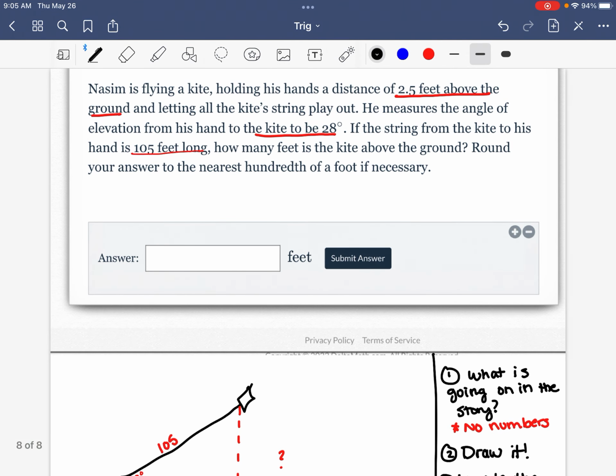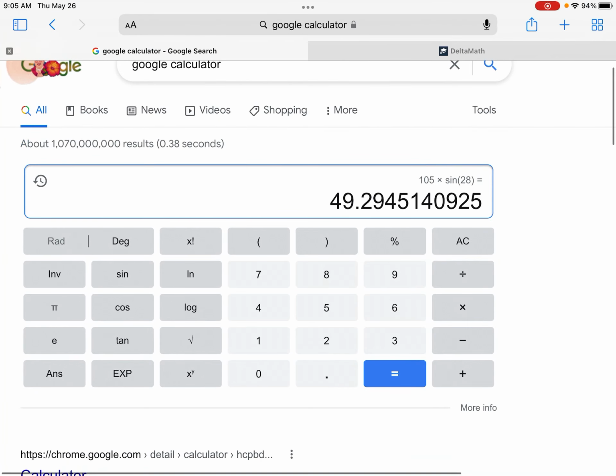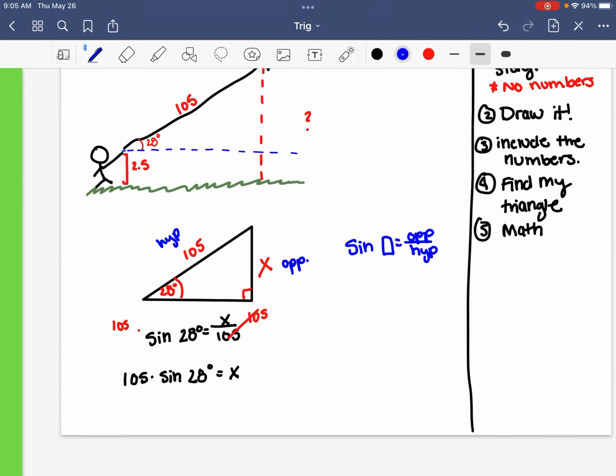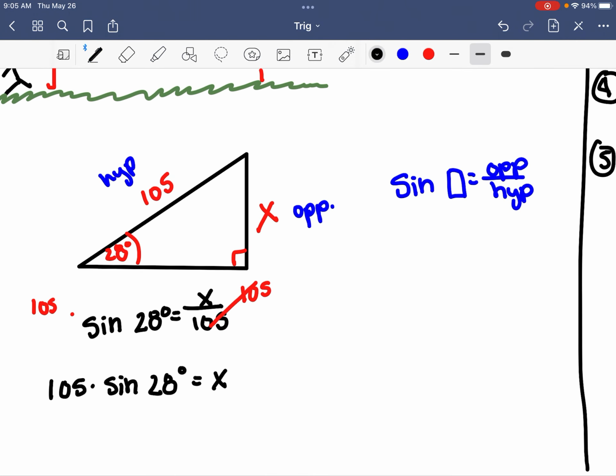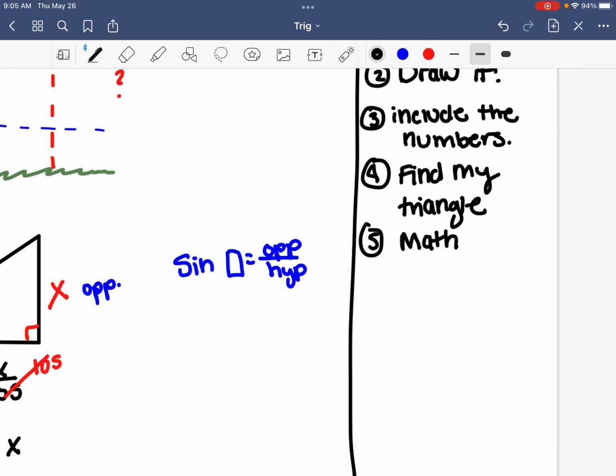It says to the nearest hundredth, okay? So that means I need to round to this 9 right here. This 4 is too small to bump it up, so my answer is 49.29, okay? So x equals 49.29.